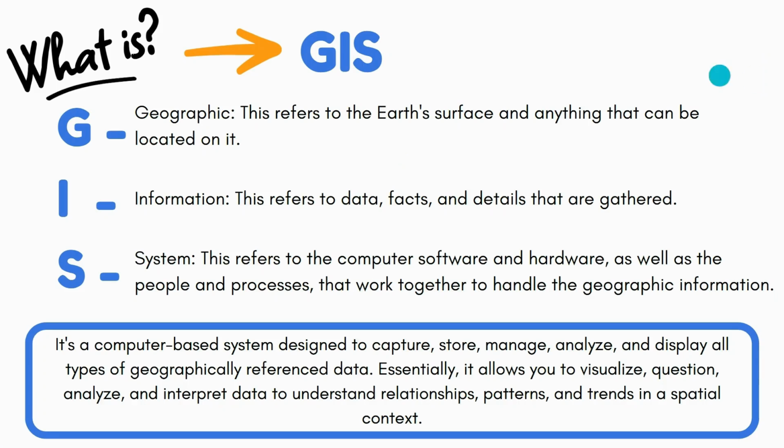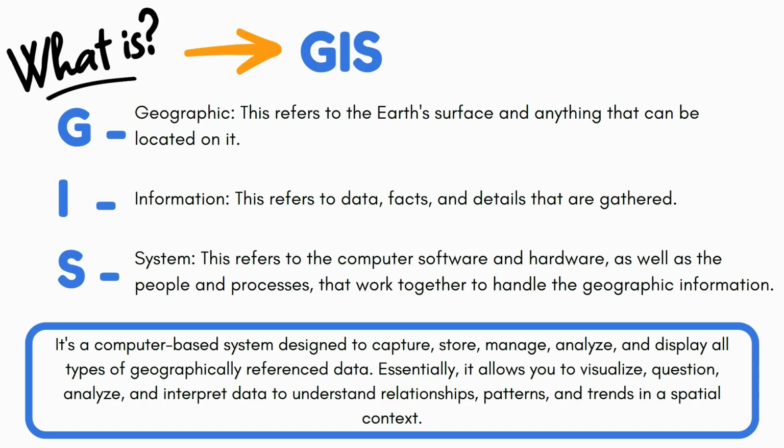So let's look at what is GIS. GIS stands for Geographic Information System. So the G for geographic, I for information, S for system. Geographic refers to the Earth's surface and anything that can be located on it. Information refers to data, facts, and details that are gathered.